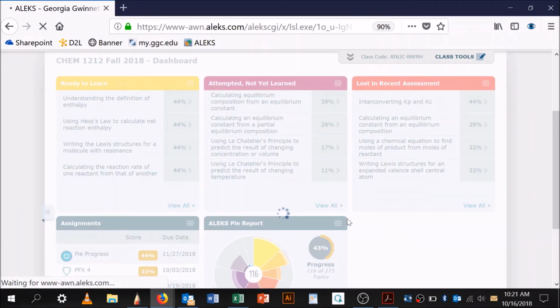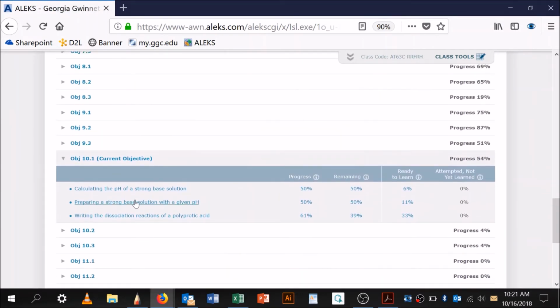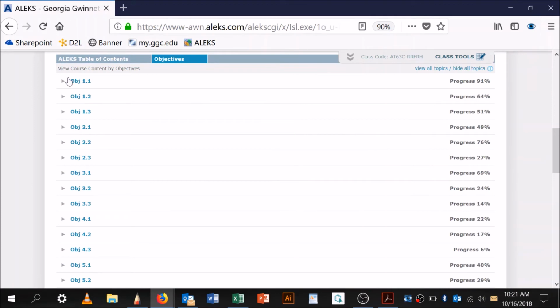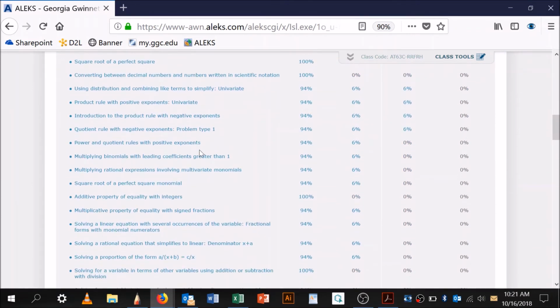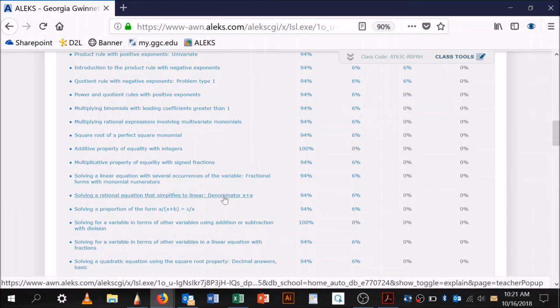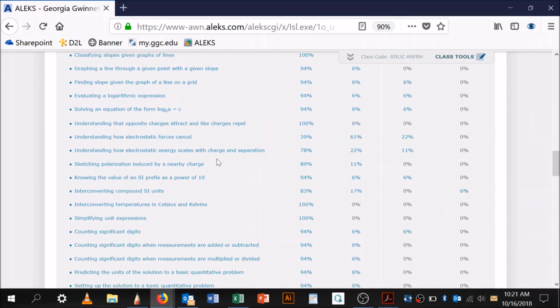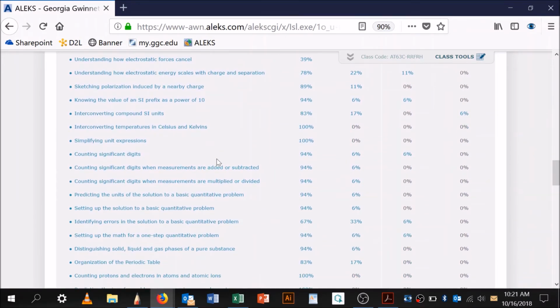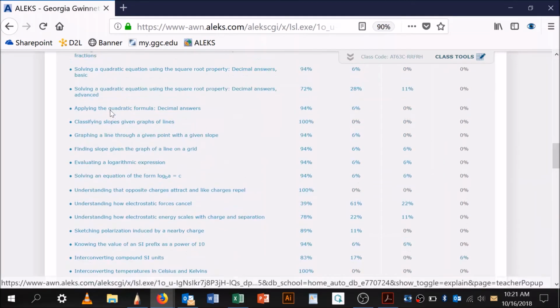Solving for reactant in solution. Still looking for it. It's going to take me a second to find it. Honestly, I think that was early. It's going to take me a minute to find this.